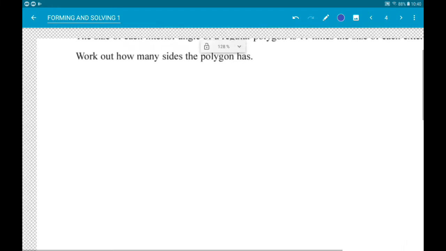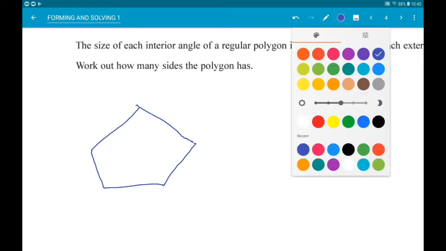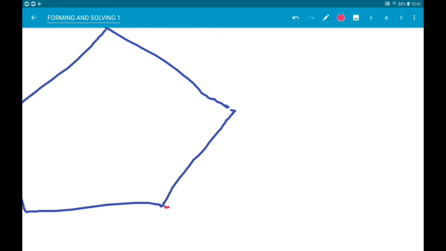If we have a pentagon, which is a polygon, an exterior angle happens when you continue one of the sides. That angle is an exterior and that angle is an interior.